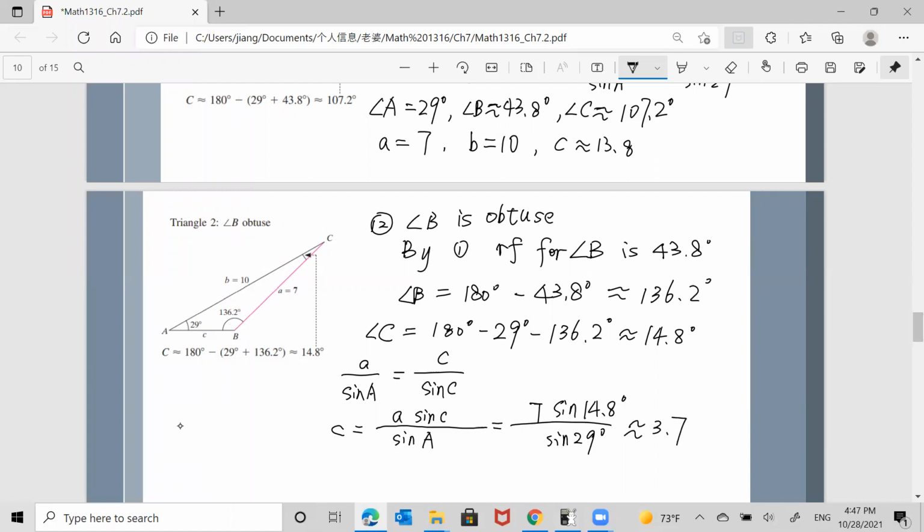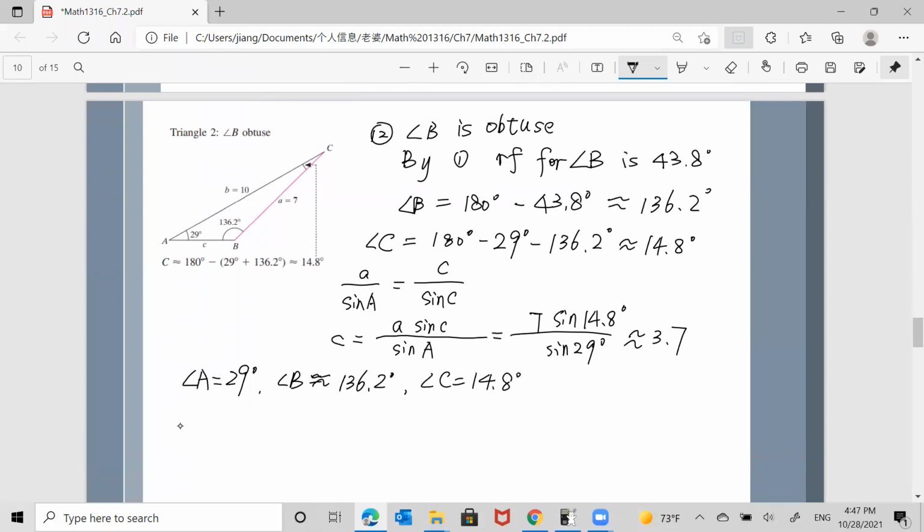Okay, we can do the summary. That's A equals 29 degrees. Angle B equals, it's about 136.2 degrees. And angle C equals 14.8 degrees.